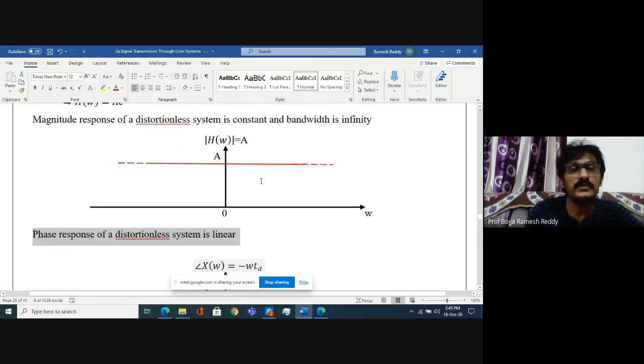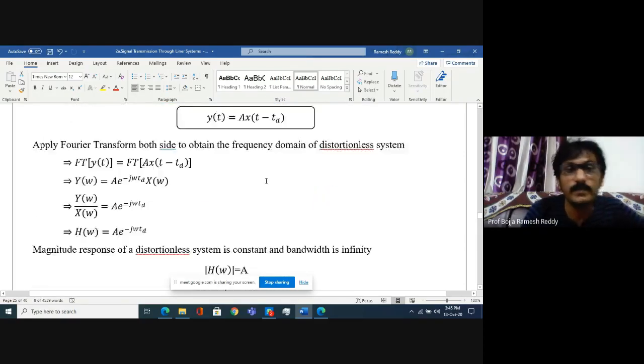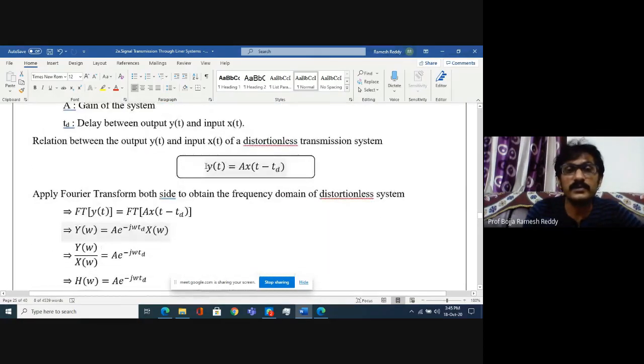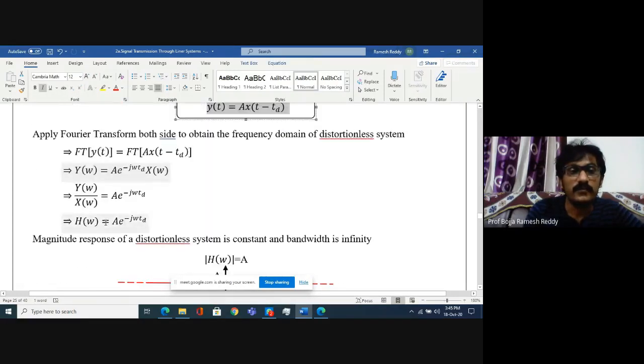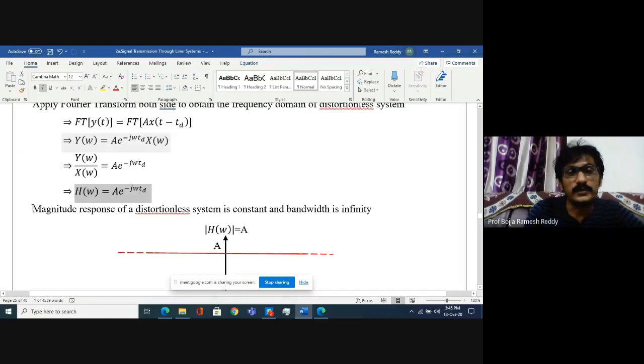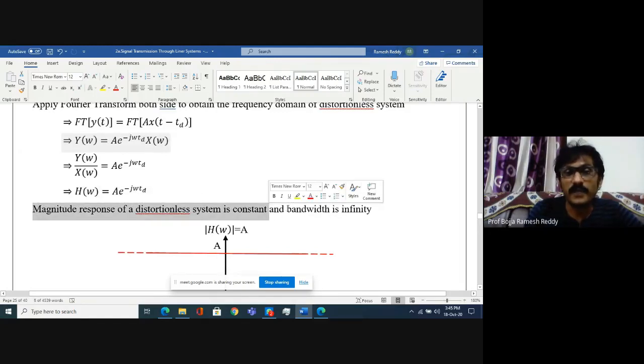Therefore, the outcome for this distortionless communication system: time domain characteristics are y of t is equal to a into x of t minus td. Frequency domain characteristics are H of omega is equal to a e power minus j omega td, where a is the gain of the communication system and td is the delay between output and input. The magnitude response of a distortionless system is constant, and bandwidth is infinity.